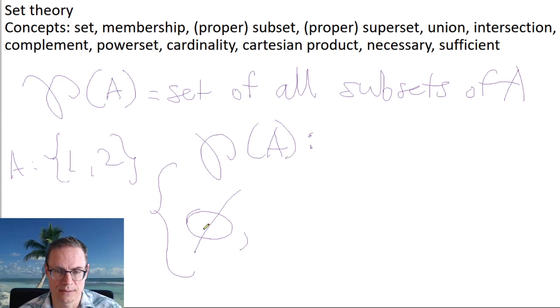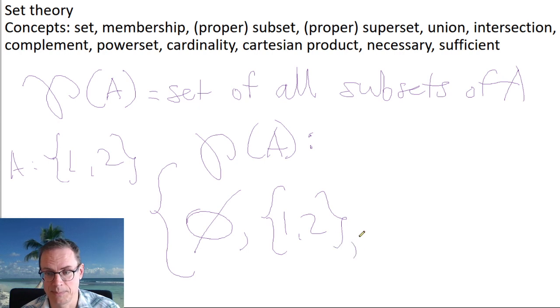The empty set is a subset of every set. Why is the empty set a subset of every set? Because everything in the subset is such that if it's in there, it's in the set in question. It's vacuously a subset of everything. Well, A itself is also in the power set of A, because A is a subset of itself.